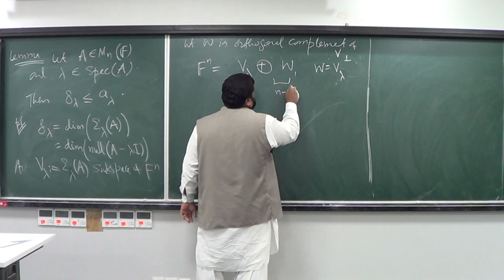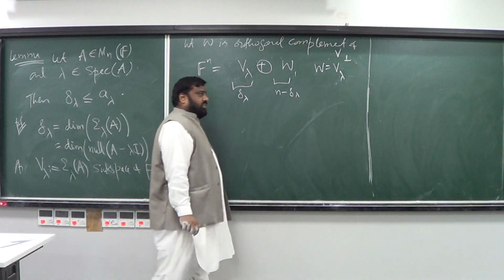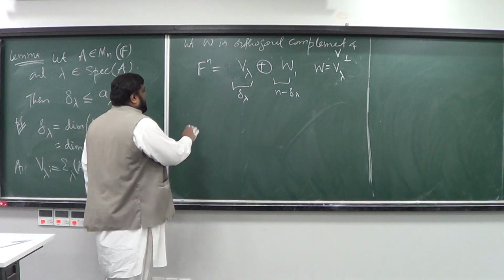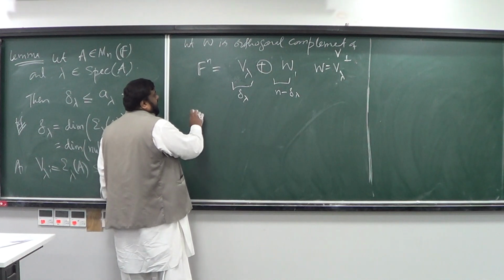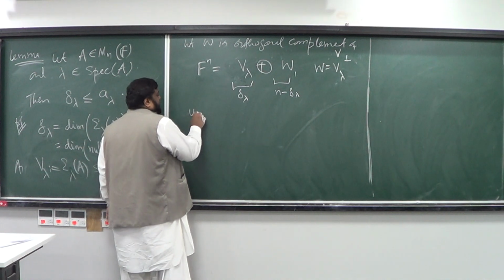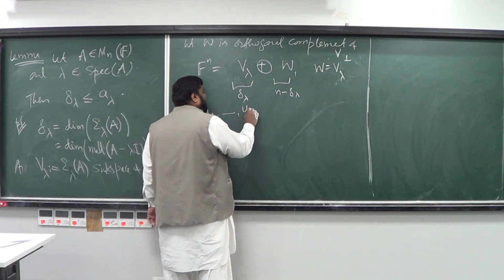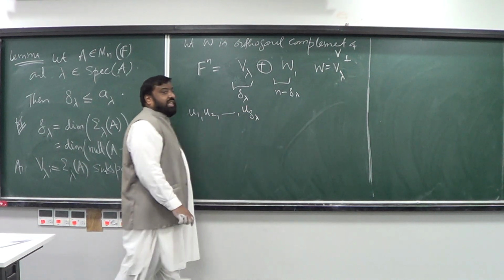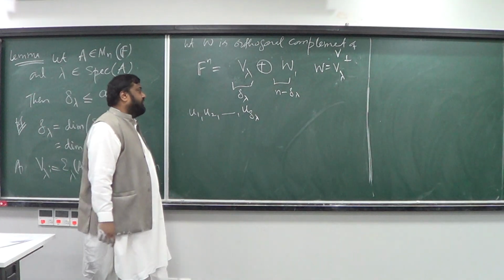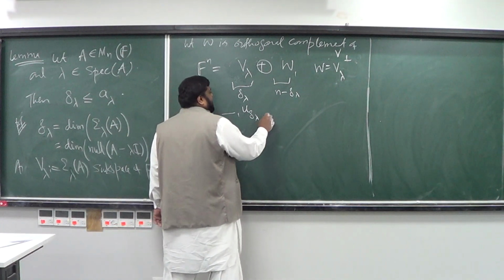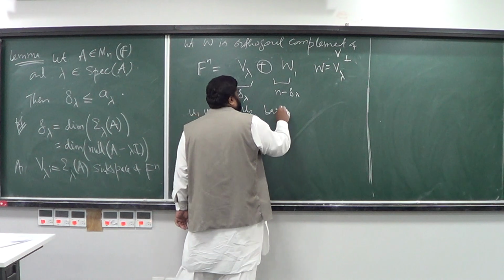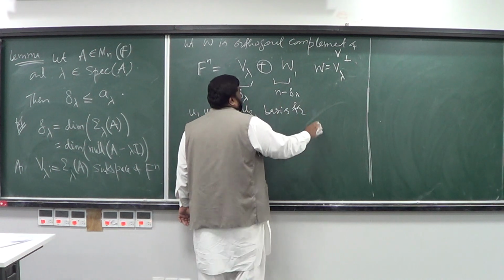It's going to be N minus G lambda. Let's assume that there are vectors U1, U2 up to U G lambda which form a basis for V lambda.